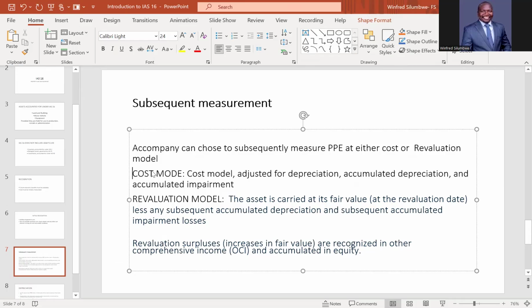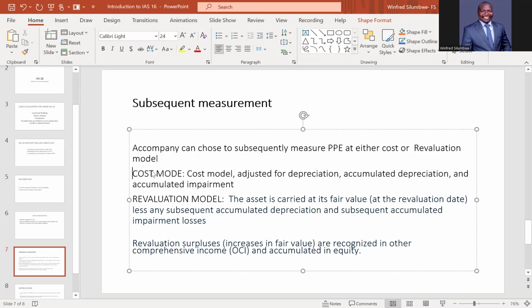Then the company also has an option to choose the revaluation model. The revaluation model is carried at its fair value at the revaluation date, less any subsequent accumulated depreciation or subsequent accumulated impairment. Sometimes you can have a building which was depreciated, and in the book balance it was 5 million, and now because the government has put a road near your property, the property has gained value.